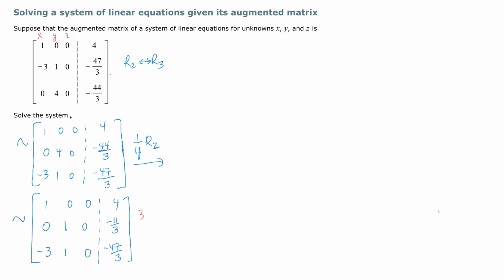I'm going to do 3 times row 1 and add it to row 3. So now we're just going to store in row 3. Tilde is the row equivalent symbol. Row 1 doesn't change, and row 2 doesn't change.